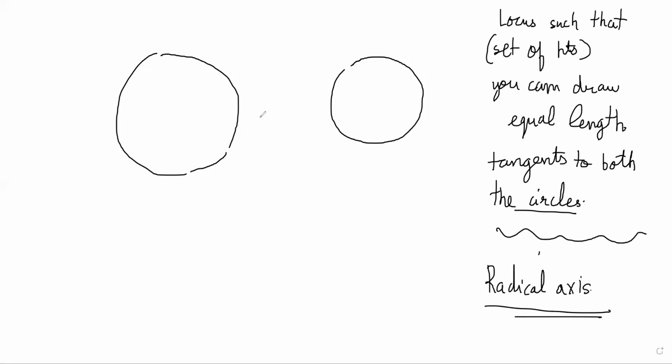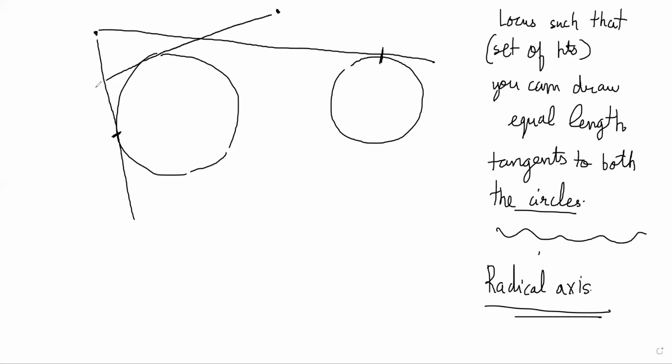So basically, I can take a point here from where I can draw a tangent like this having this much length. But from here, if I draw a tangent to this circle, that length is very much bigger. So this is not on the radical axis. However, if you choose a point nicely here, there might be a point such that the tangent length here is equal to the tangent length here.